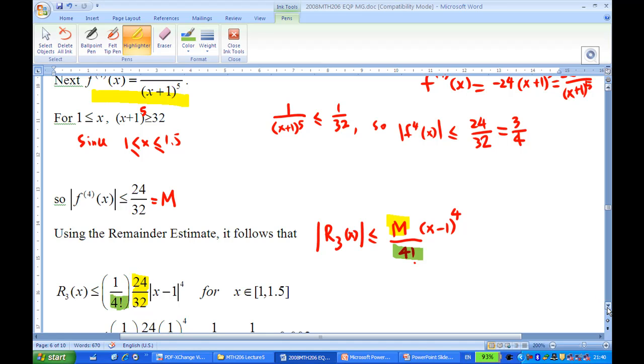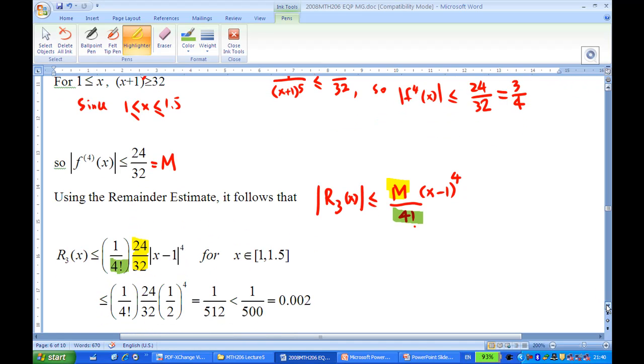Now since x is between 1 and 1.5, x-1 will be greater than 0 and less than a half, so (x-1) to the power 4 will be less than 1 over 16.